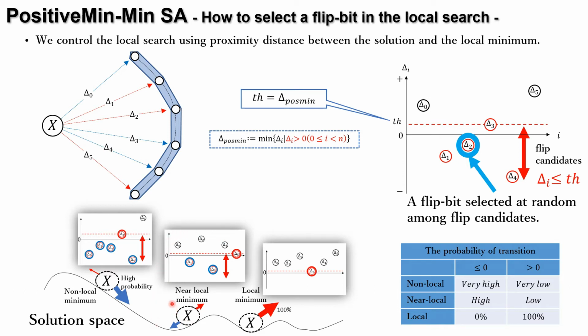However, the energy increases with low probability. On the other hand, when the solution is in a local minimum, all bits in the candidates have a positive delta. Therefore, the energy always increases. From the above, when the solution is around a local minimum, the positive min-SA algorithm tends to escape from it.